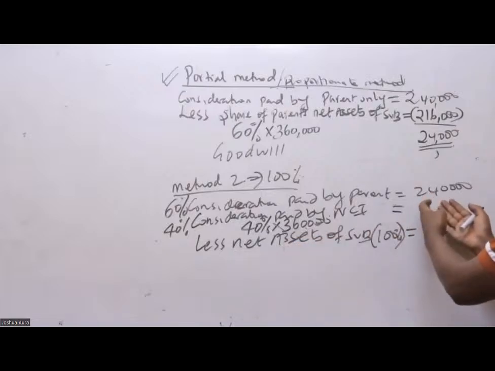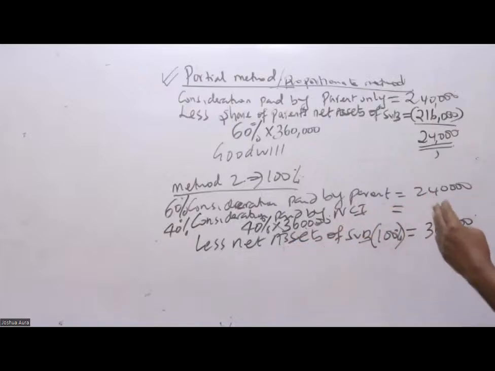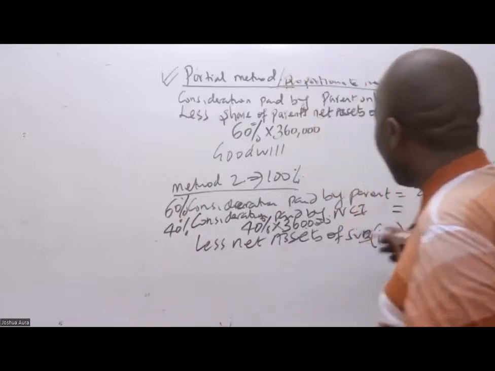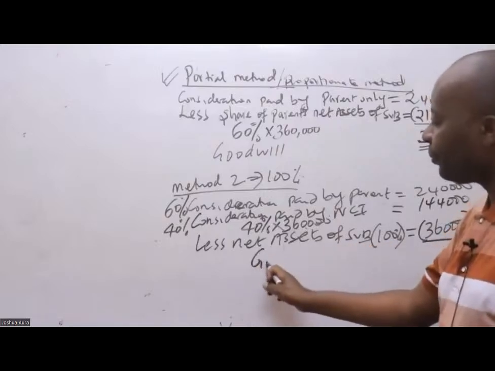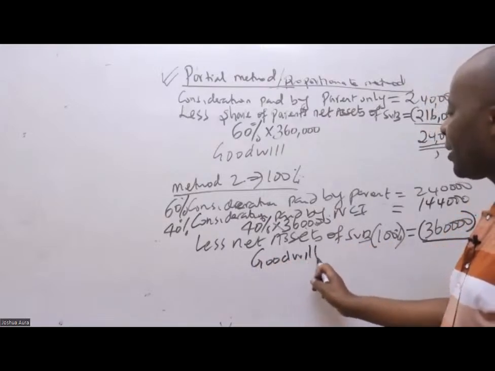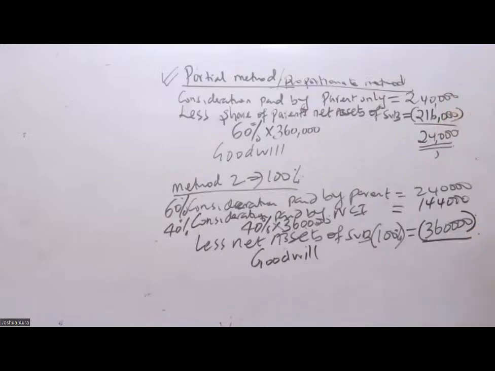Somebody is giving me a figure of 144,000. So is there somebody who can subtract here and give me this goodwill? You take this plus this minus this net assets. It gives me the 24,000.